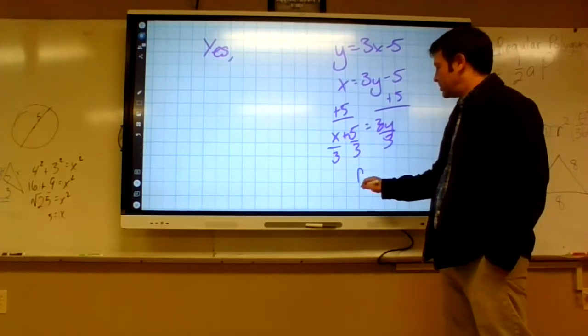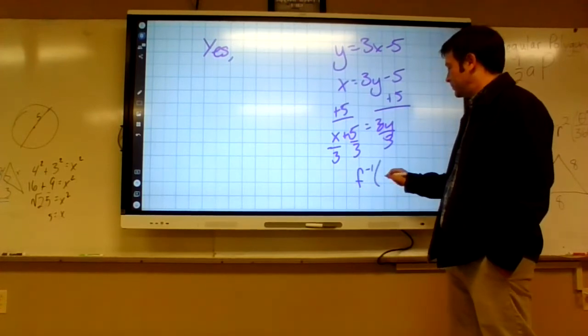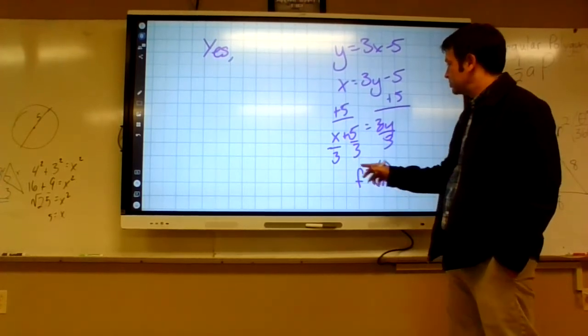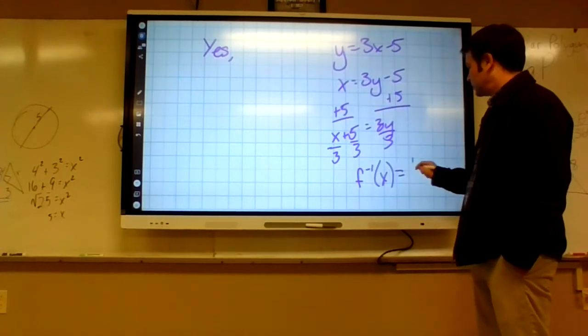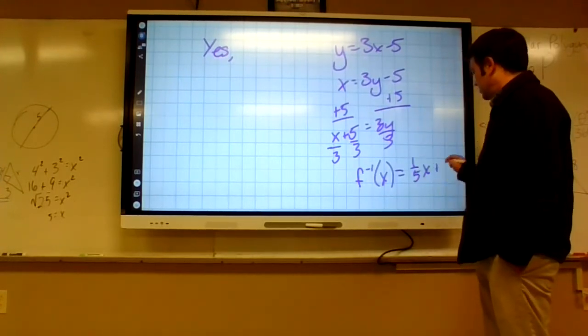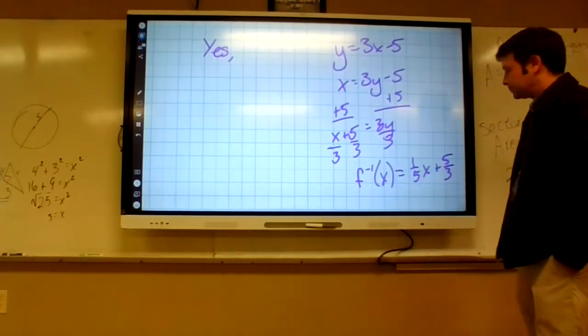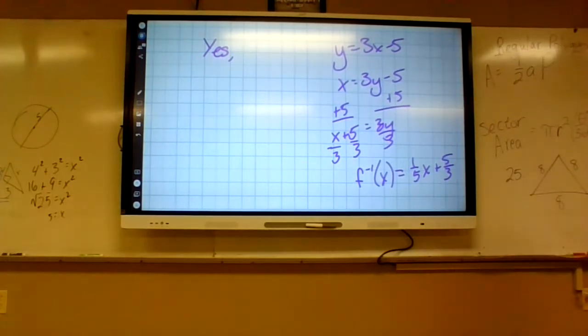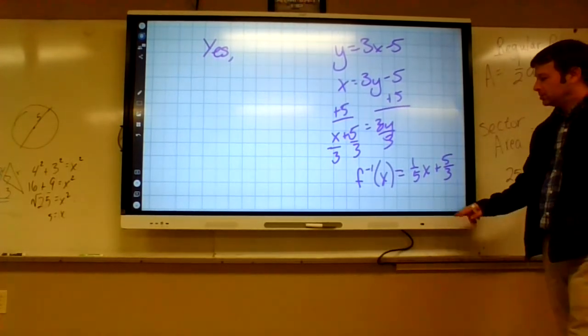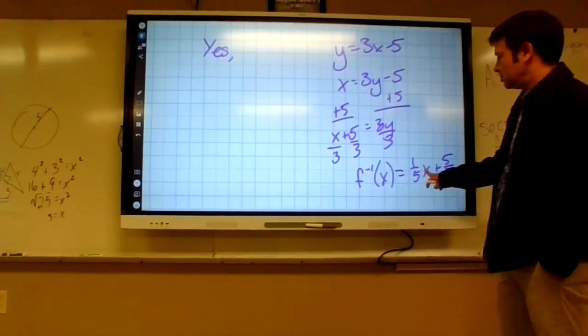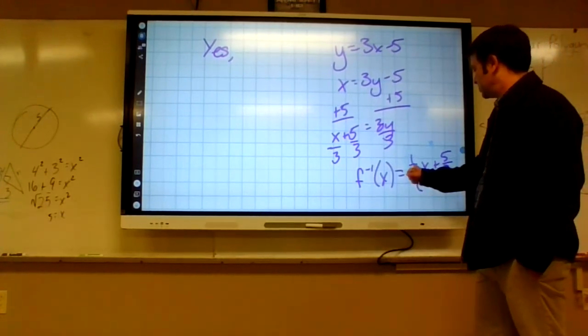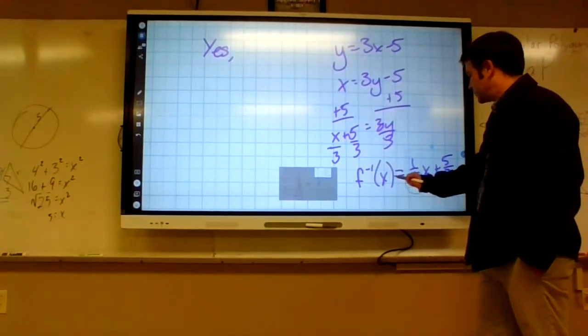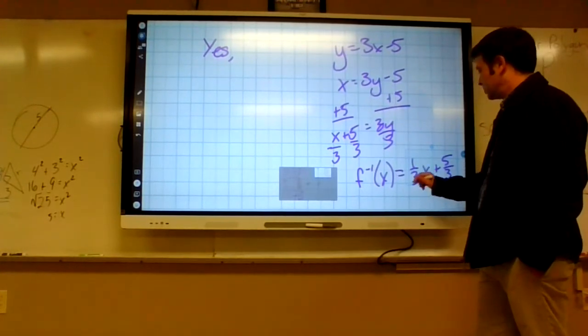Instead of calling it y, I'm going to call it f inverse equals 1/3 x plus 5/3. That is the rule for the inverse. Sorry, I put 1/5 instead of 1/3.